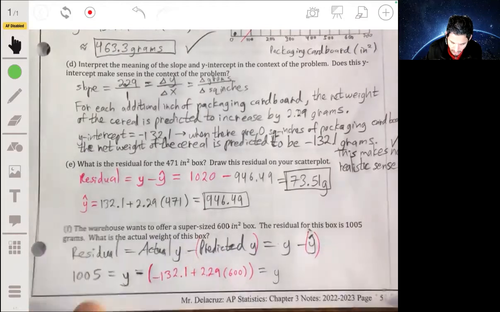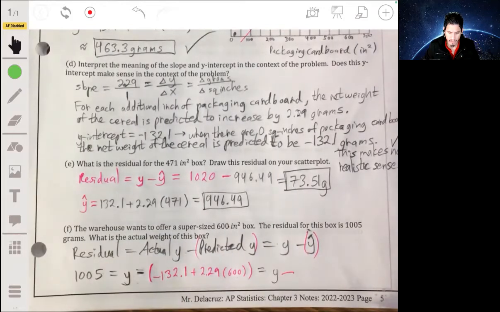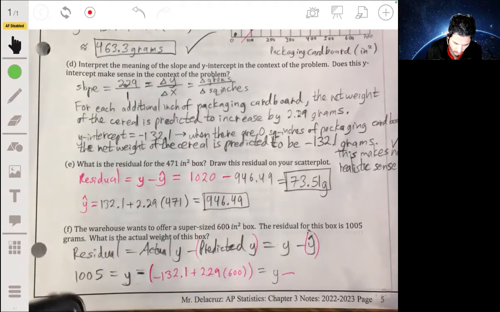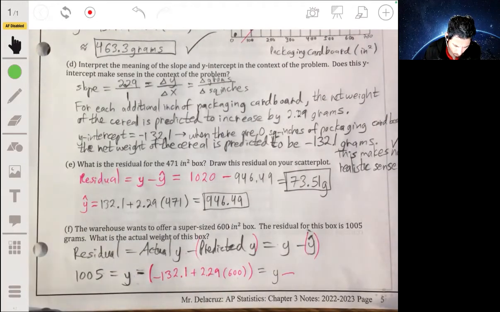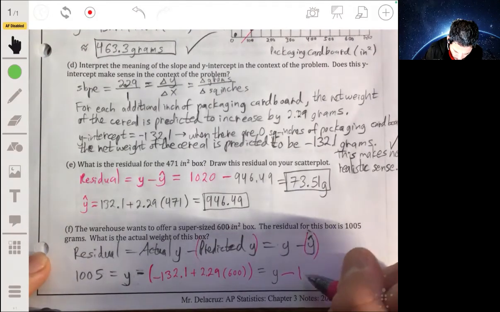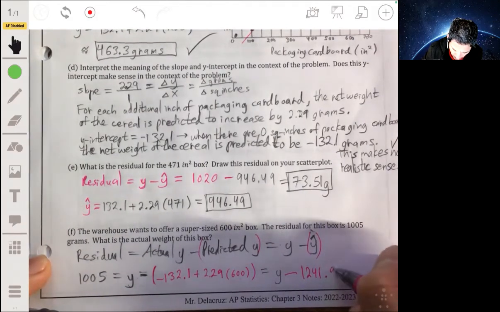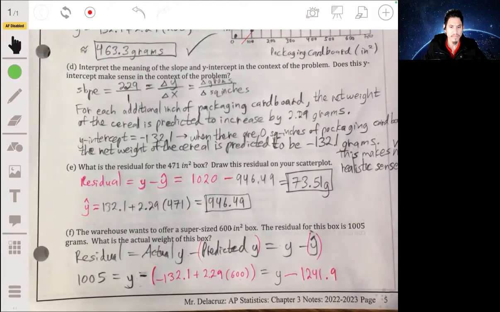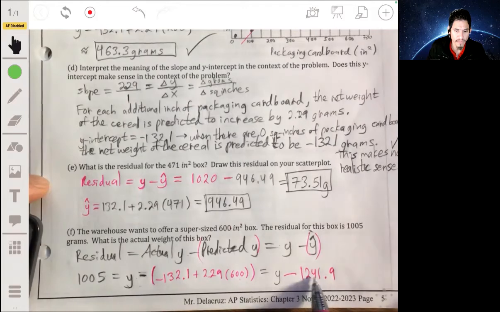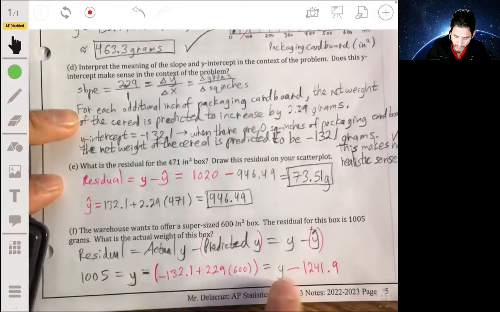Doing the math, negative 132.1 plus 2.29 times 600 gives 1241.9. So we get 1,005 equals y minus 1241.9. So we just solve for y now.